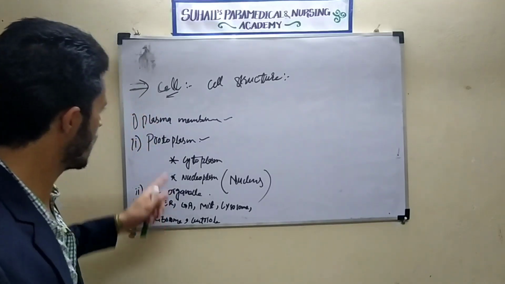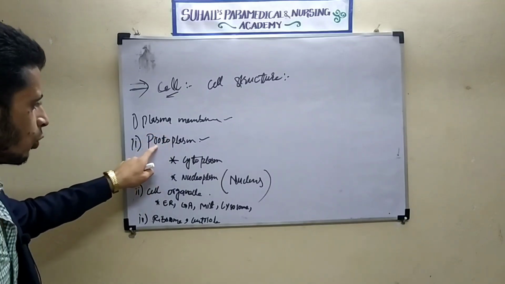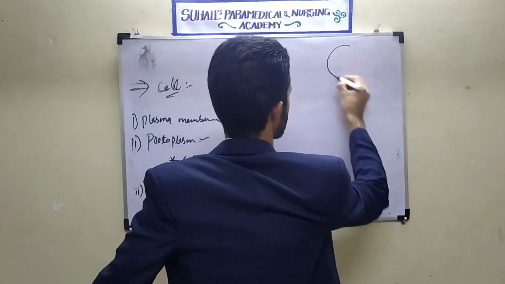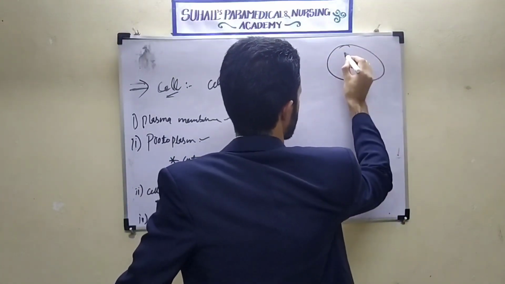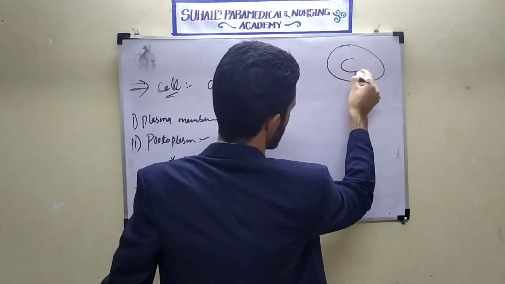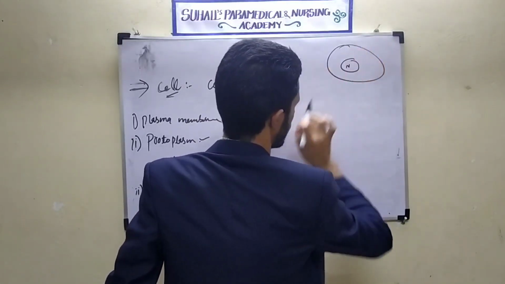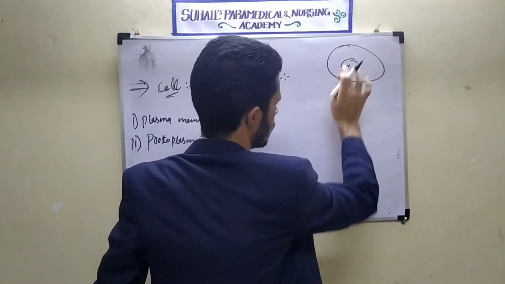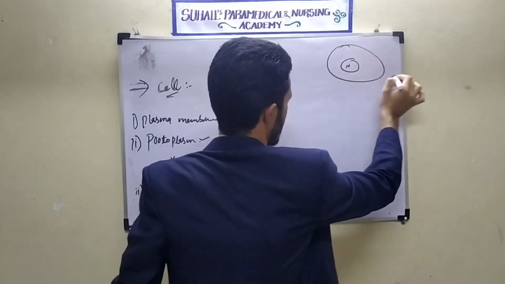So these are the parts. This is the cell, and this is called the plasma membrane. The whole inside is protoplasm. Inside the protoplasm, this fluid is cytoplasm and this fluid is nucleoplasm. This is the cell membrane that is covering.